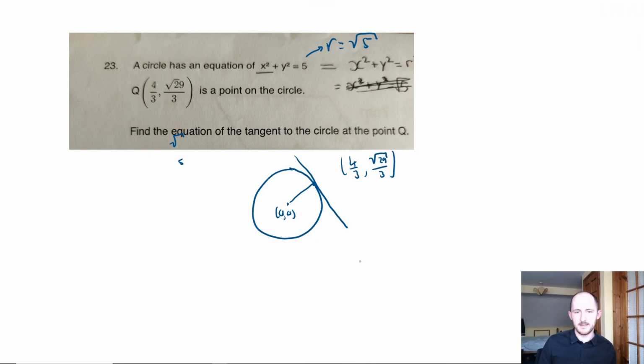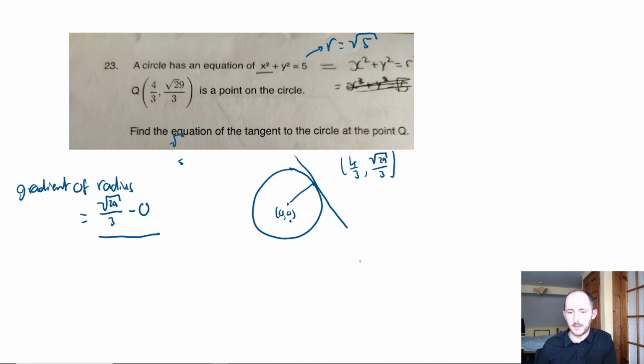So the gradient of the radius equals root 29 over 3 minus 0, because remember it starts off at 0, over 4 over 3 minus 0.